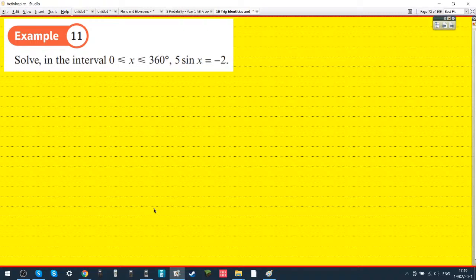So is the inverse sine of minus 2 equals 5x? What I would do is divide both sides by 5 first. Minus 2 over 5. And inverse sine of minus 2 over 5.